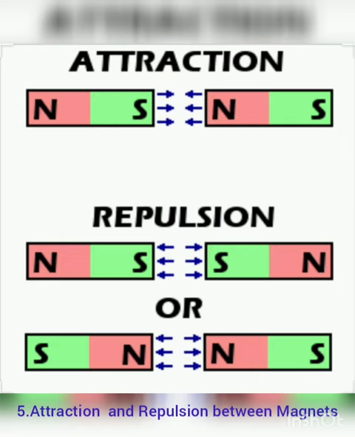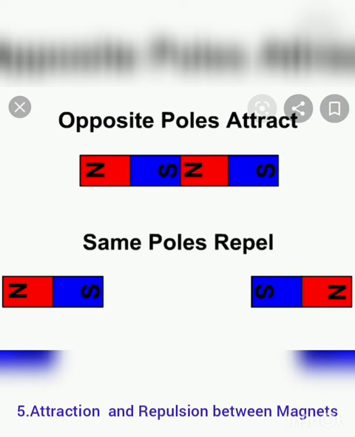The like poles, south and south, repel each other, and also north and north repel each other. But the opposite poles, unlike poles, south and north, attract each other. Okay, so the fifth property of the magnet is attraction and repulsion between magnets.